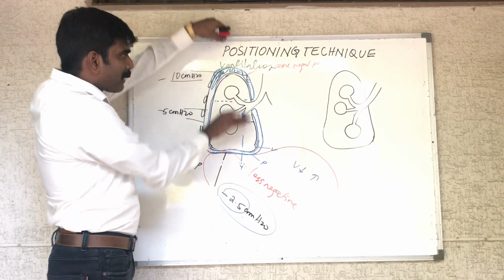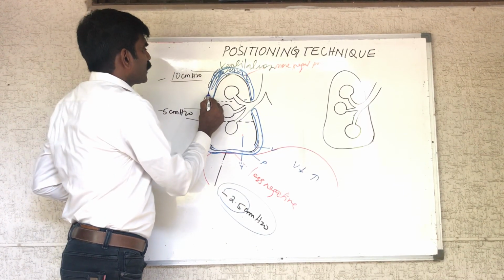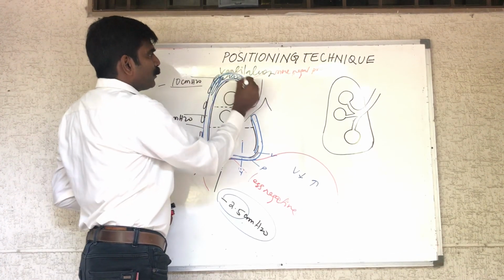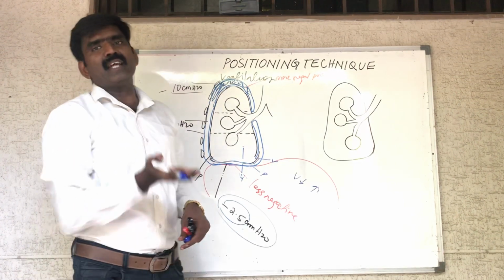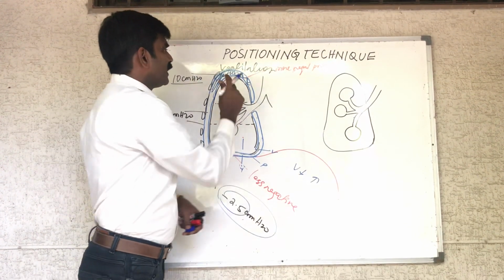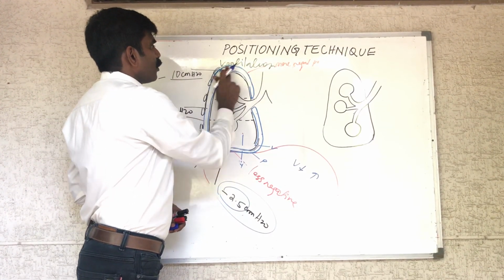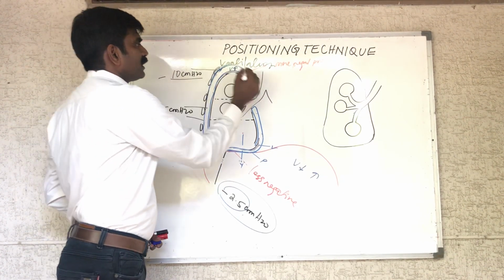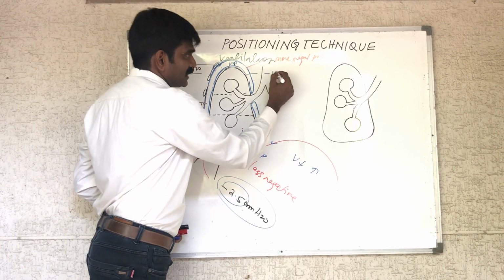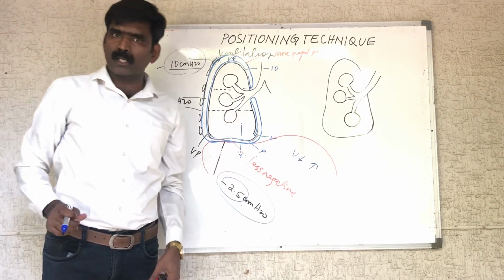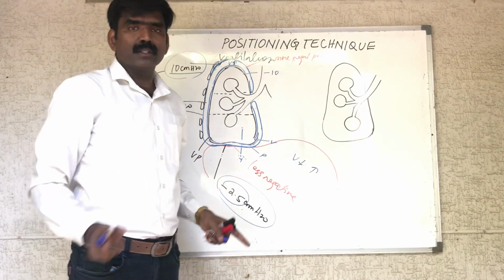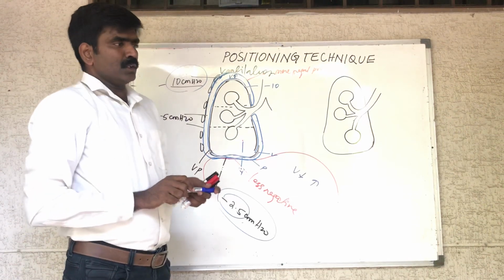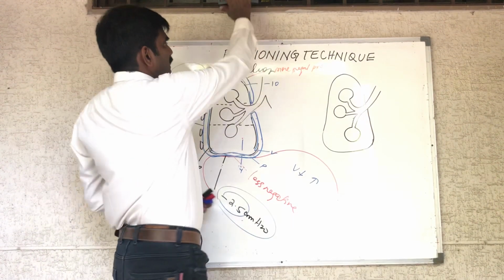Here it is expanded because the visceral pleura goes down along with the lung, and the parietal pleura sticks to the inner surface of the ribs. So the volume is more, and that is the reason why here it is minus 10 centimeter of water, more negative. The pleural pressure is more negative here and less negative there. So this is the reason.